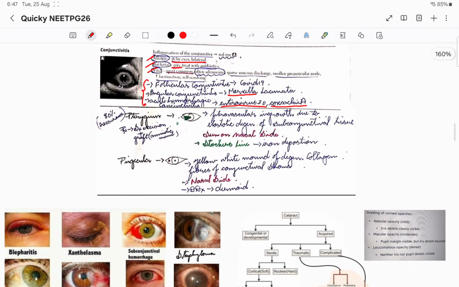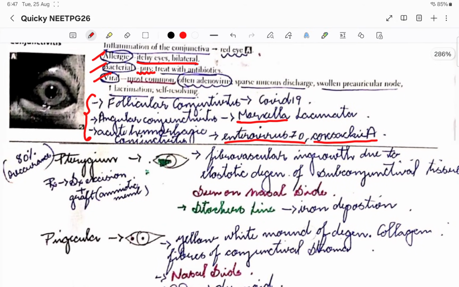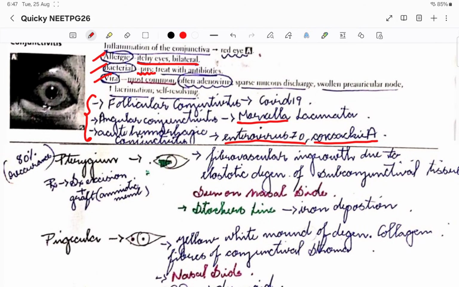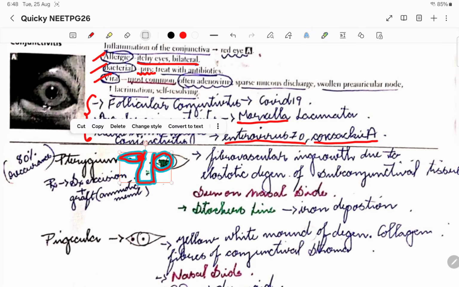So pterygium is nothing but a fibromuscular ingrowth due to elastic degeneration of the subconjunctival tissue. It will be mostly seen on the nasal side. If this is the nose and here is one more eye, it is going to be on the nasal side most commonly.